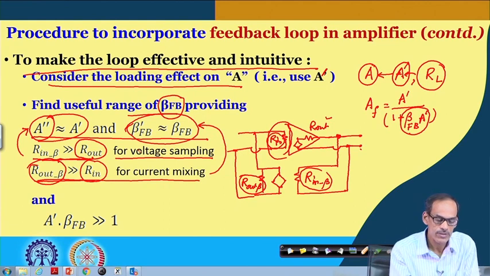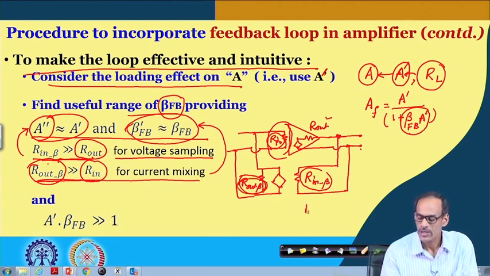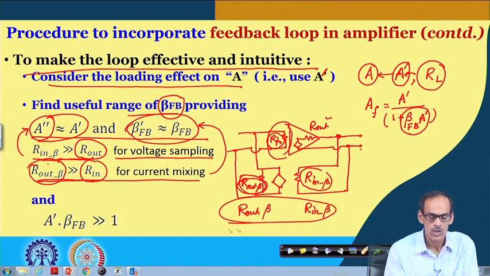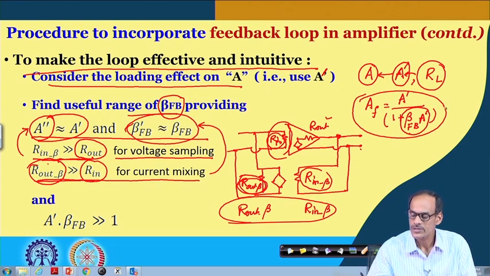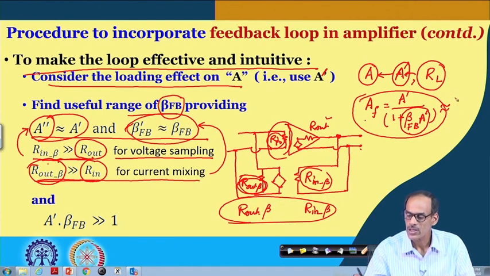So, this is helping us to define the suitable value of R in of the feedback network, R in beta and R out beta. And then also, this equation gives us the expression of A f in terms of beta f b. To get this, we want this part to be much higher than 1.